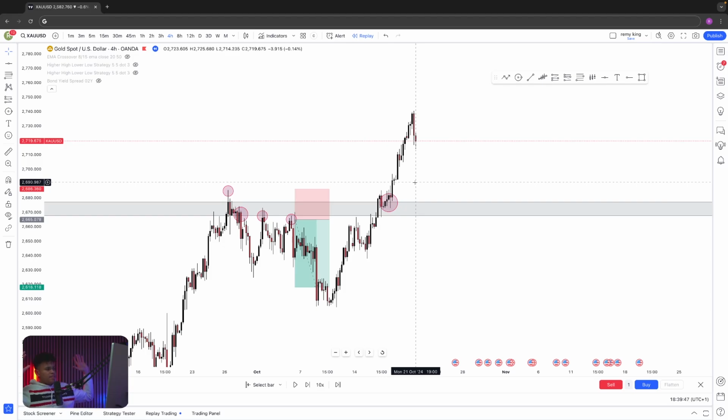So yeah, this is basically how to trade based off of the resistance concepts that I provided for you guys.